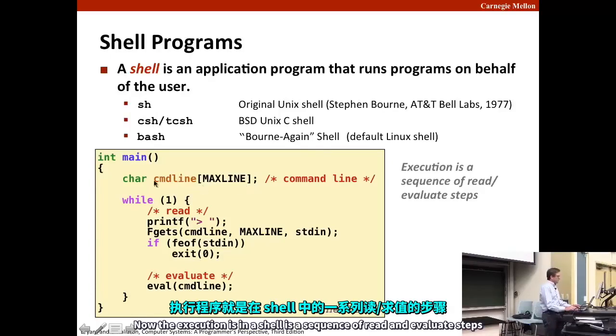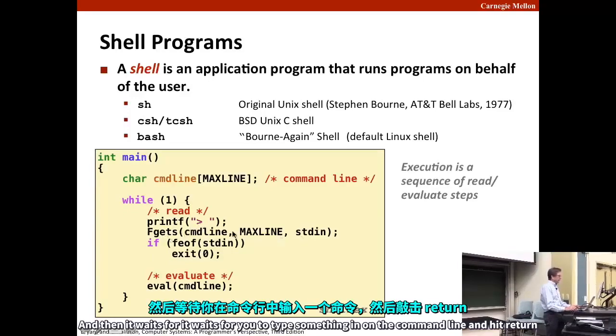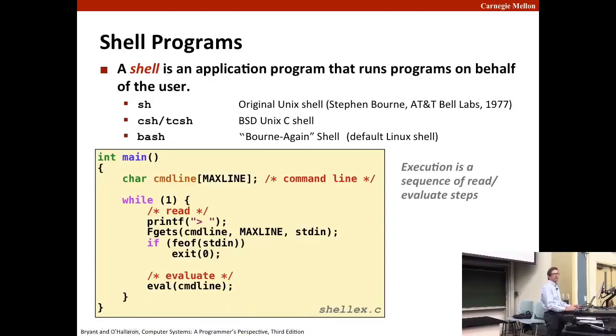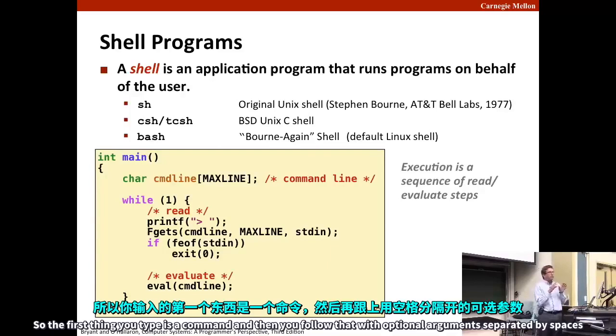Now, the execution in a shell is a sequence of read and evaluate steps. So first, a shell prints out a prompt, and then it waits for you to type something in on the command line and hit return. Typically what you're typing in is a command, and then you follow that with optional arguments separated by spaces.